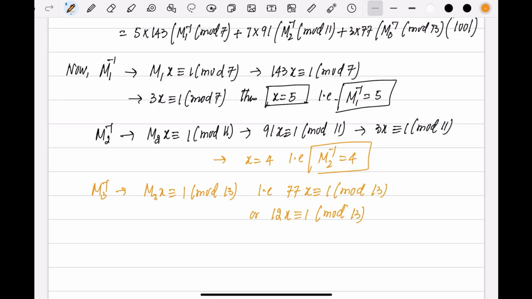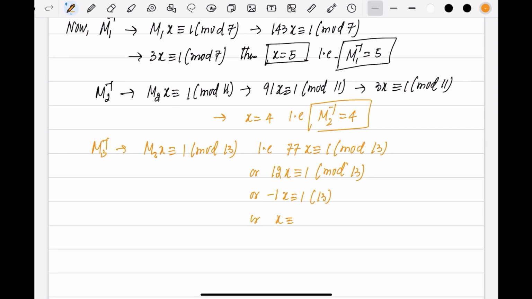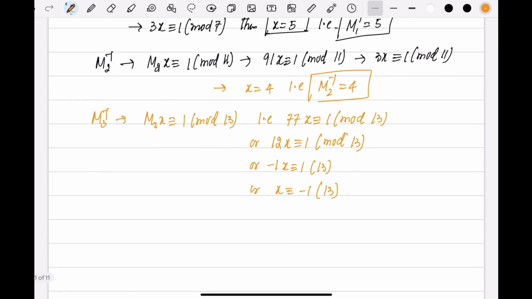Instead of 12 we can write minus 1, so minus x is congruent to 1 modulo 13.